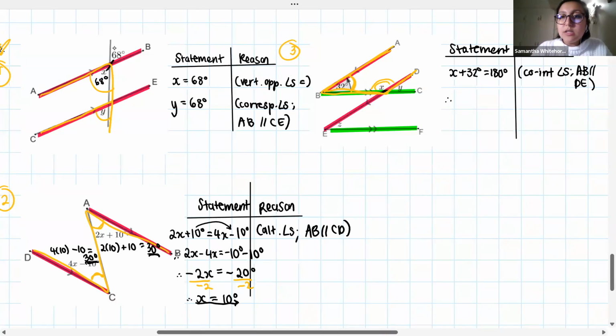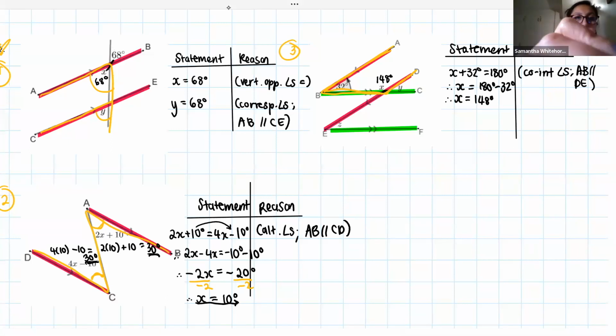Solve your equation, subtract 32 on both sides. 180 minus 32 gives us an X value of 148. So all I did here was I said X is equal to 180 minus 32. I solved my equation. So X is 148. I'm going to put that on my diagram because it might be helpful to me.